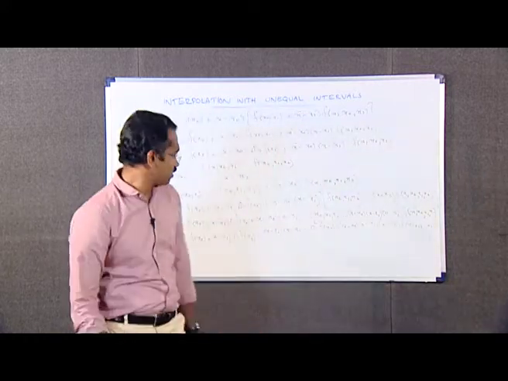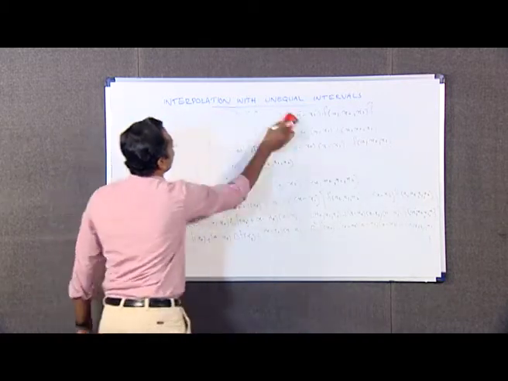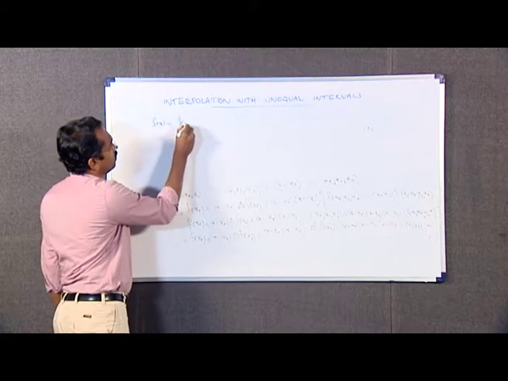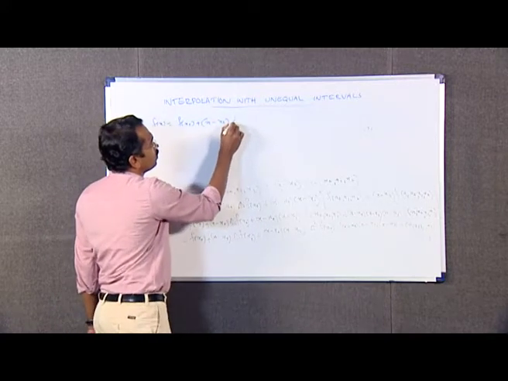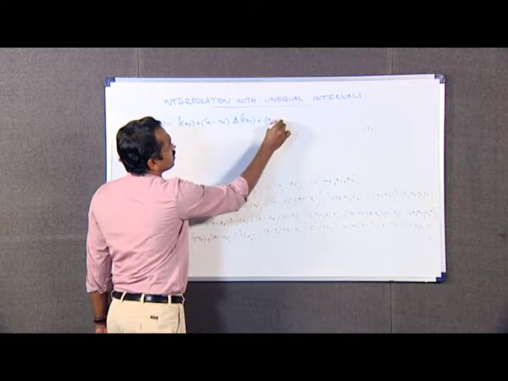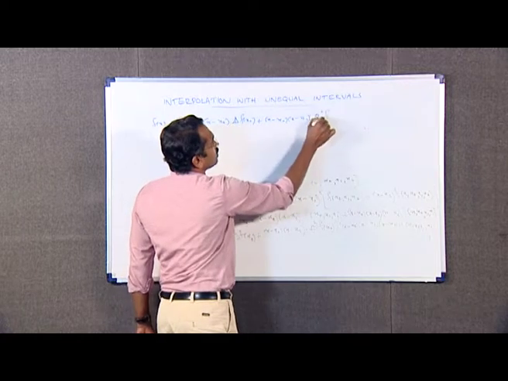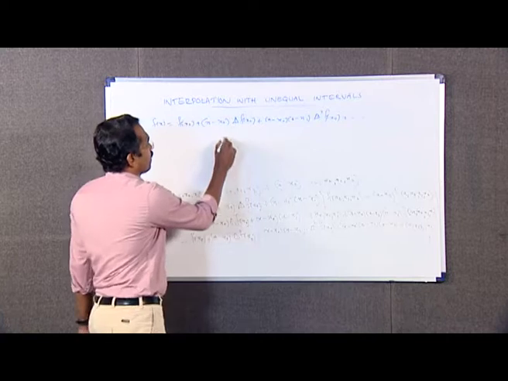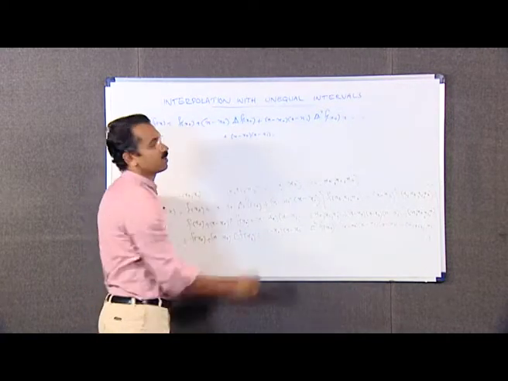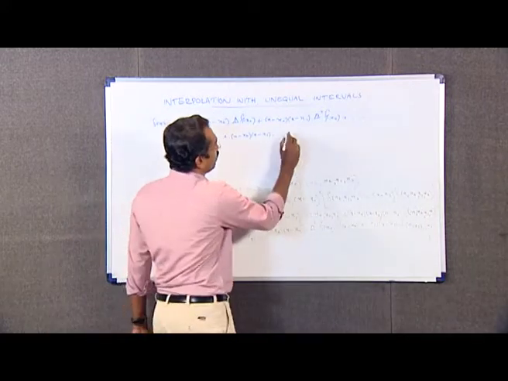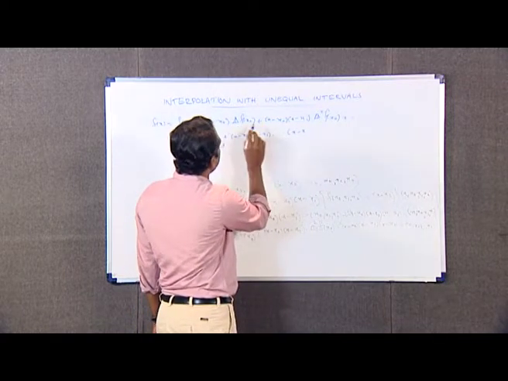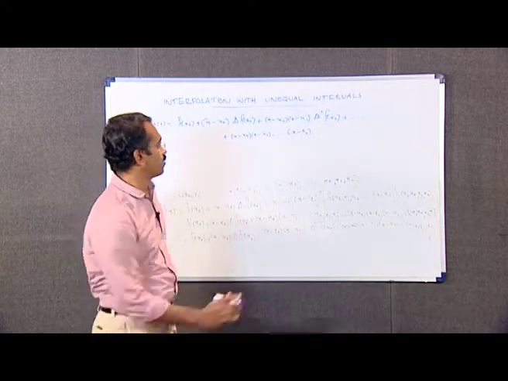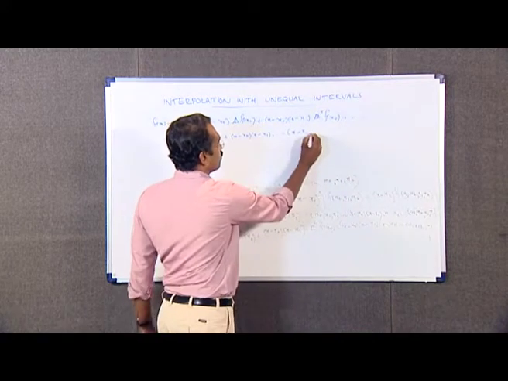Proceeding in this manner, we get f(x) is equal to f(x0) plus (x minus x0) into divided delta f(x0) plus (x minus x0) into (x minus x1) into divided delta square f(x0) plus etc., plus in general (x minus x0) into (x minus x1) into etc. (x minus xn minus 1) divided delta raised to n f(x0).